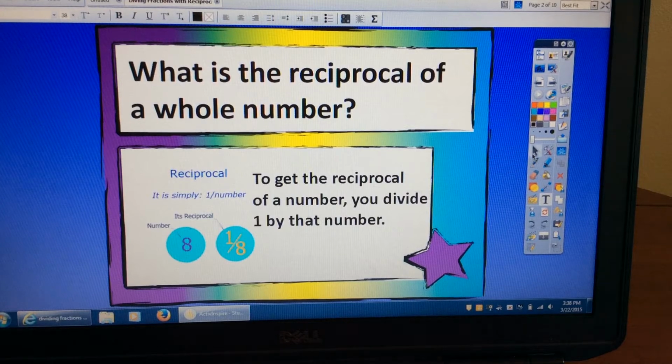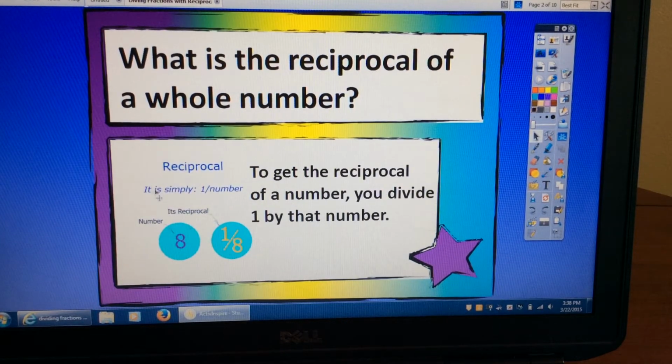So if we have the number 8, the reciprocal of 8 is 1/8. I'm dividing 1 divided by 8. Again, to get a reciprocal of a number, you divide 1 by whatever number that may be.